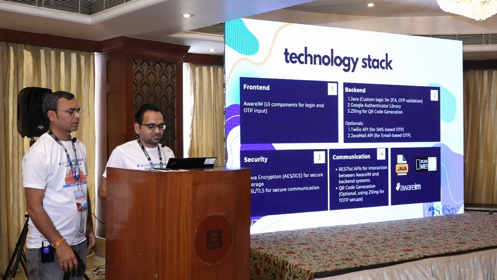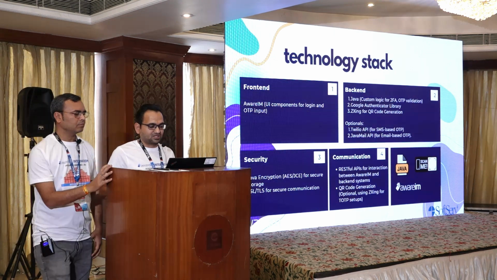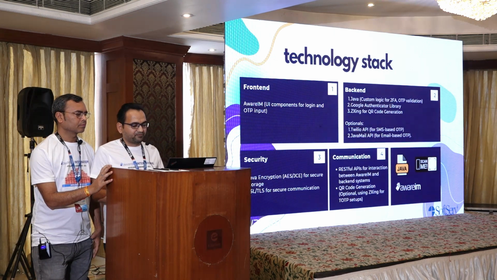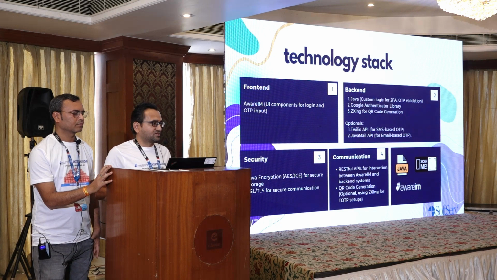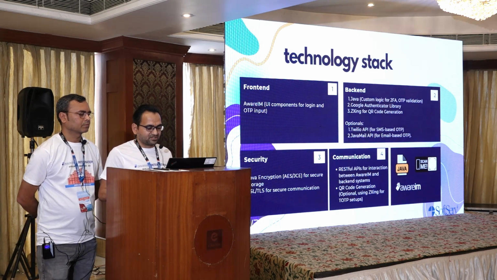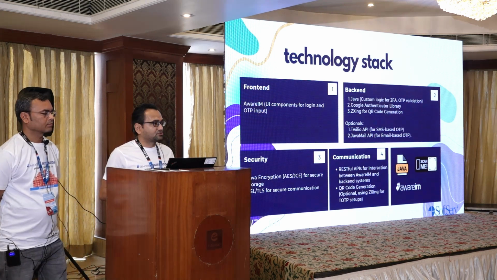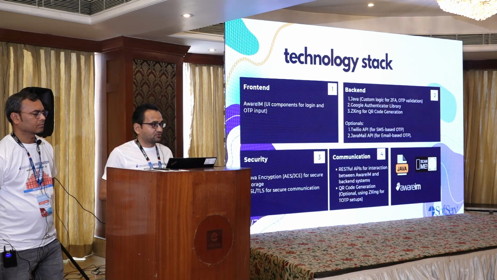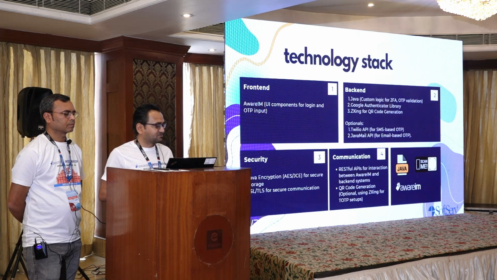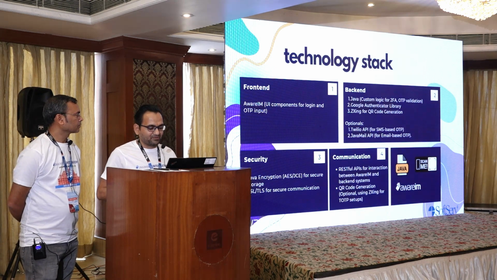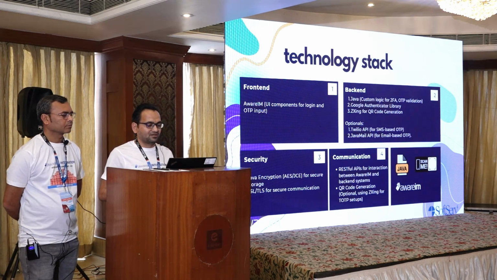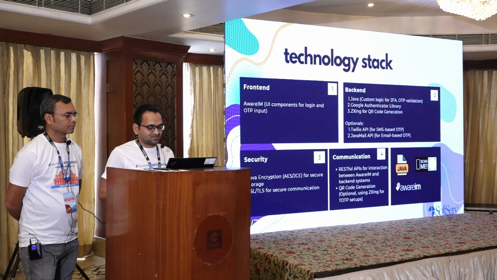One is the Google Authenticator library, which is used to generate the OTP on the Google Authenticator app, and the next is used for QR code generation. You can also use the Twilio API to send SMS, and an email API to send OTP emails. So this is how you can achieve these things.